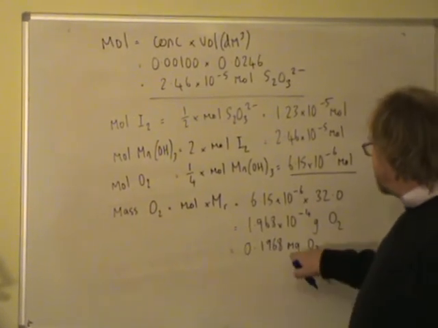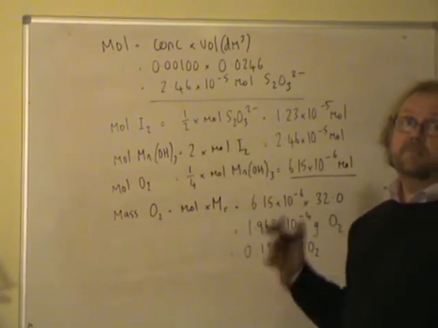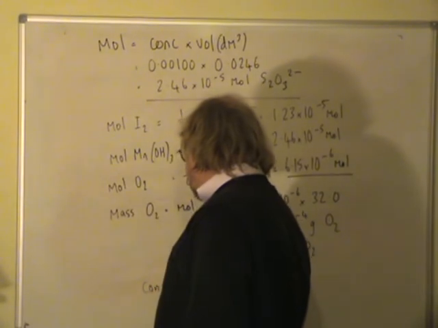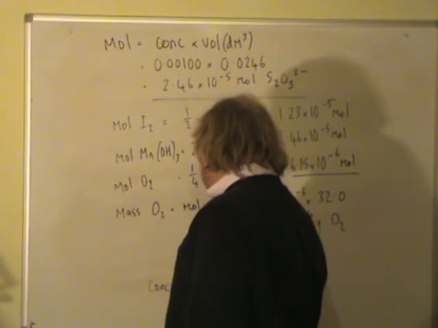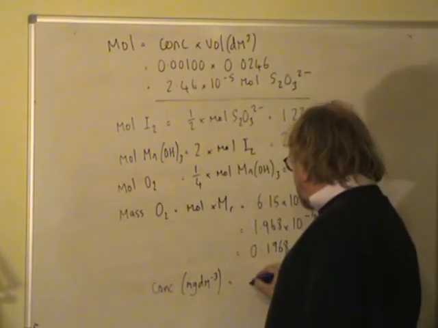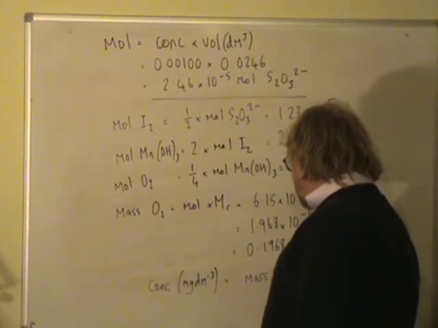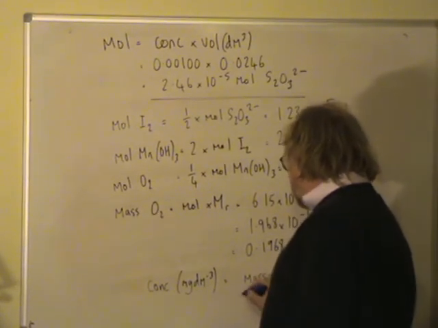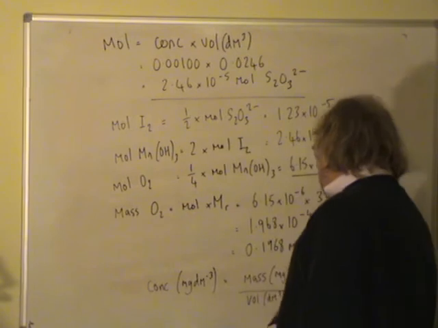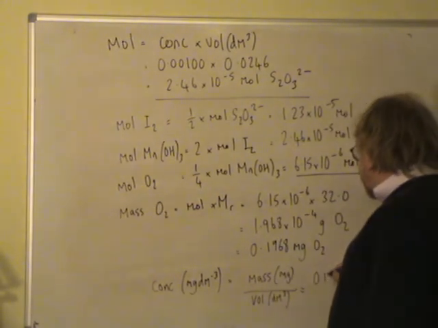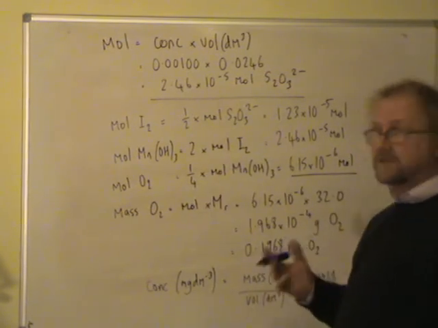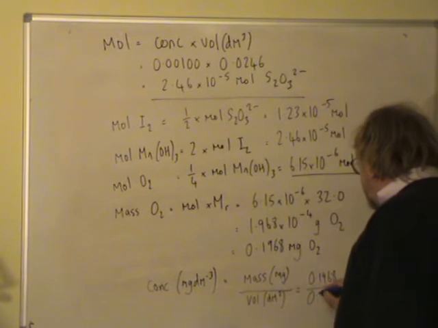And now we're almost there, because what we want is the concentration in milligrams per dm cubed. In other words, we just divide that number of milligrams by the number of dm cubed. So we can get that the concentration in milligrams per dm cubed is going to be equal to, instead of moles over volume, it's this time going to be mass in milligrams divided by volume in dm cubed, which is 0.1968 divided by, well, it's 25 cm cubed was the volume of water that was sampled, but again that's got to be divided by 1,000.